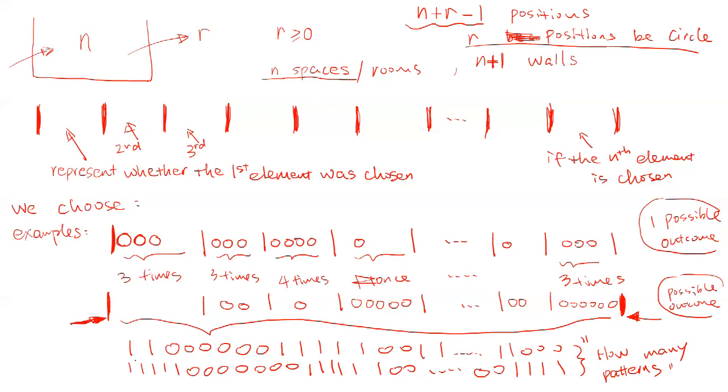So the problem is actually converted to choosing r from n plus r minus 1. The final result would be C(n+r-1, r). This is the total number of ways you're looking for, right? Do you understand?